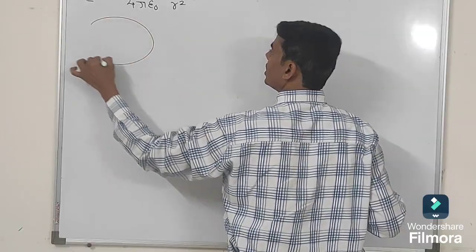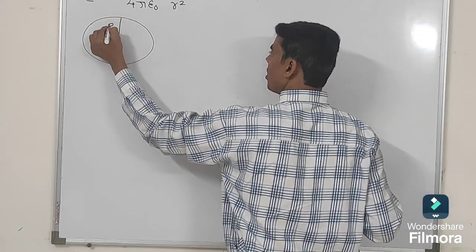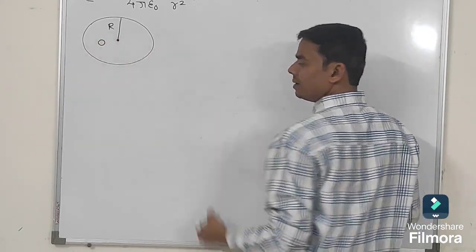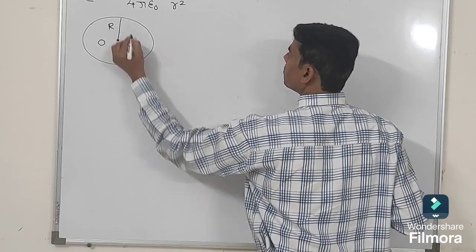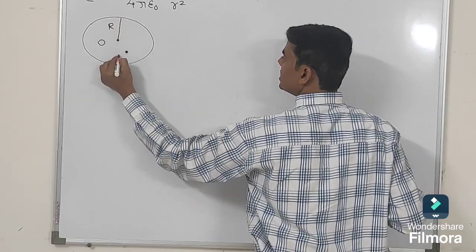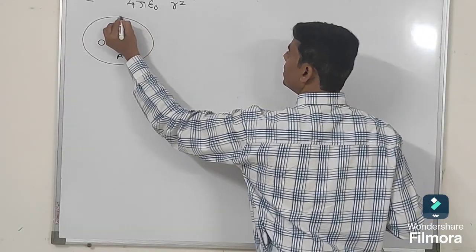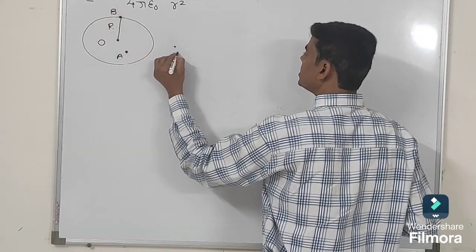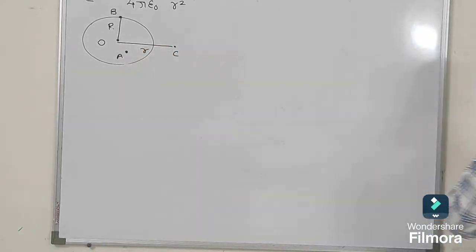Suppose that we have a sphere having radius capital R. Let O be its center. Suppose that we have 3 points: point A inside this sphere, point B on the surface of the sphere, and point C situated at a distance r from the center of the sphere.